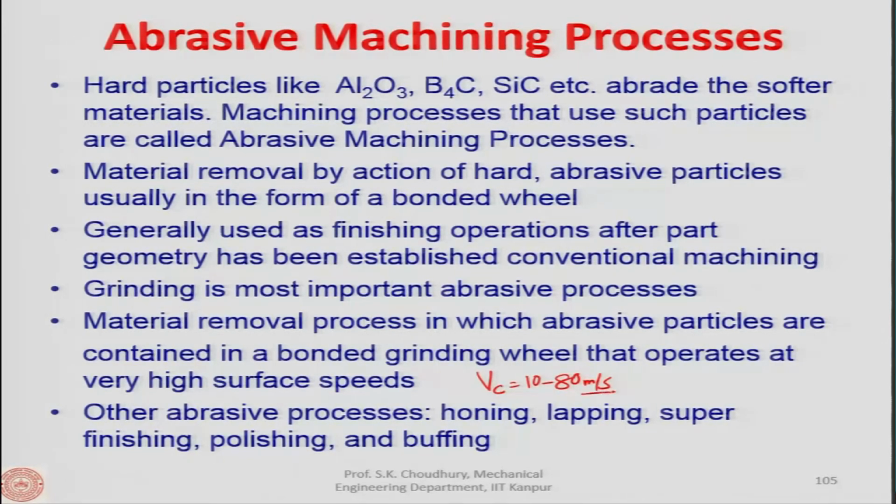So, just imagine that this is meter per second and this is a very high speed. Therefore, if you see the grinding machines, bigger grinding machines particularly, you will see that the grinding wheel is always shielded by a shield which is called the apron.